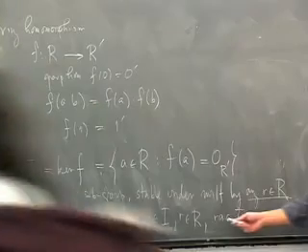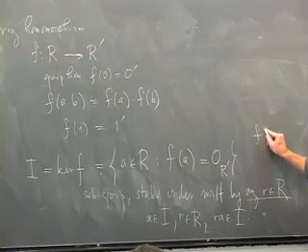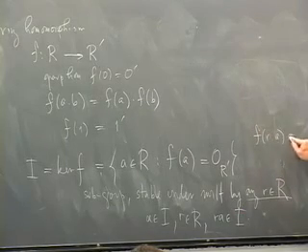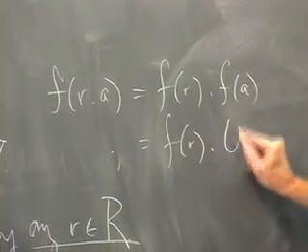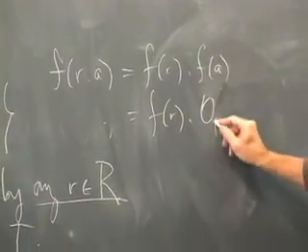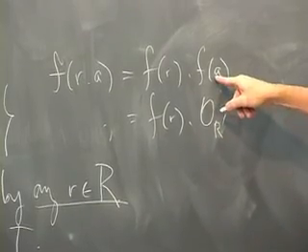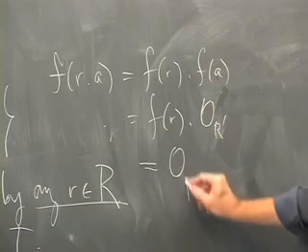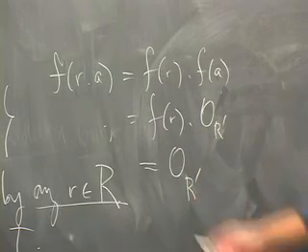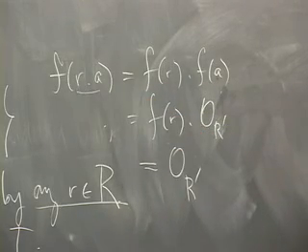And that's because if you apply F to rA, you get F of r times F of A, which is F of r times 0 prime, 0 in R prime, because A was in the kernel. And anything times 0 we saw was 0. And so this element is also in the kernel. So it's stronger than you might think of a sub-object.